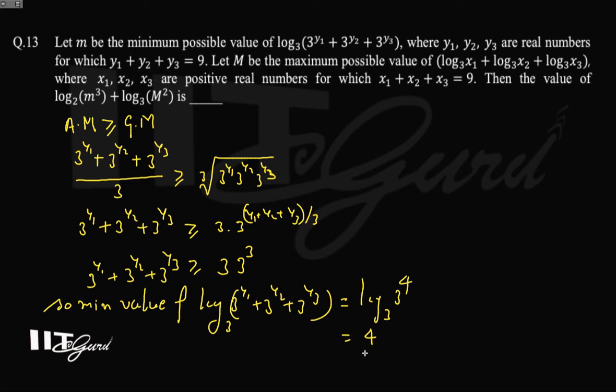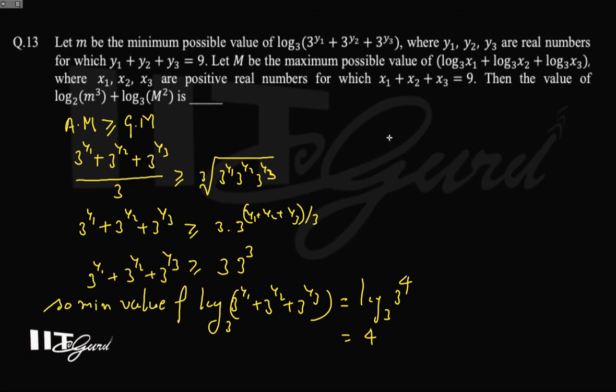As this is the minimum value, now you have to find the maximum value. For the maximum value of log, let's start to solve this one. Similarly, you can go here also: log of x1 plus log of x2 plus log of x3, and x1, x2, x3 are positive numbers, of course.